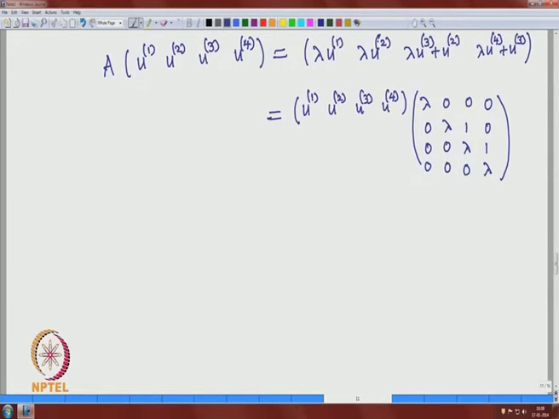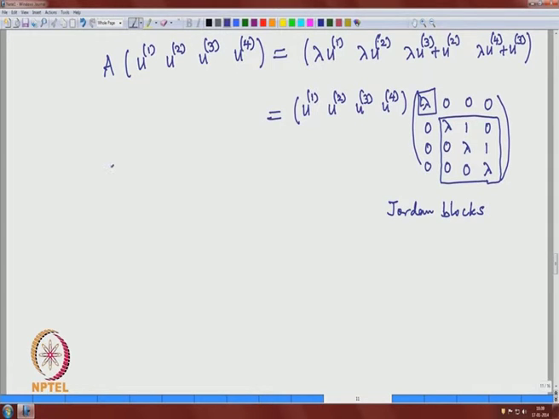Okay, and we see significantly here there is one block here and another block here. Okay, these are referred to as Jordan blocks. Okay.